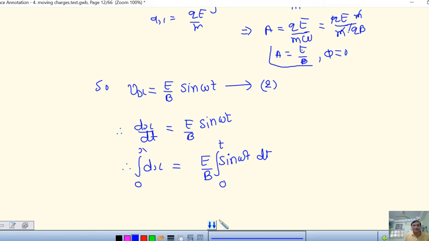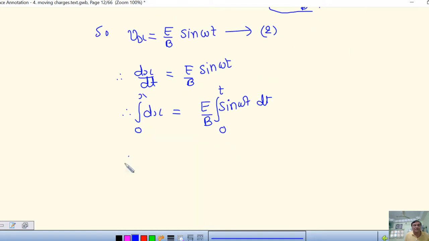So x equals e upon b times the integration of sin, which is minus cos omega t upon omega, from 0 to t.